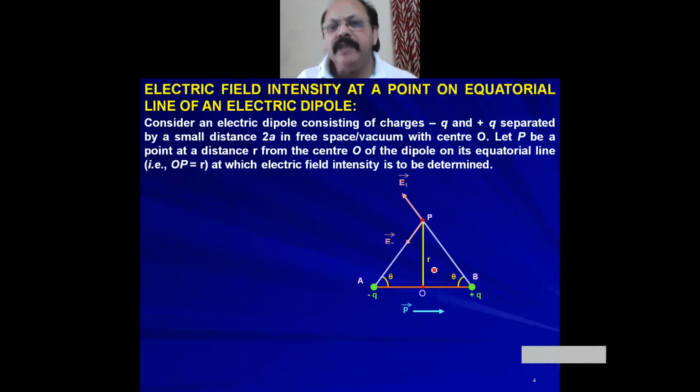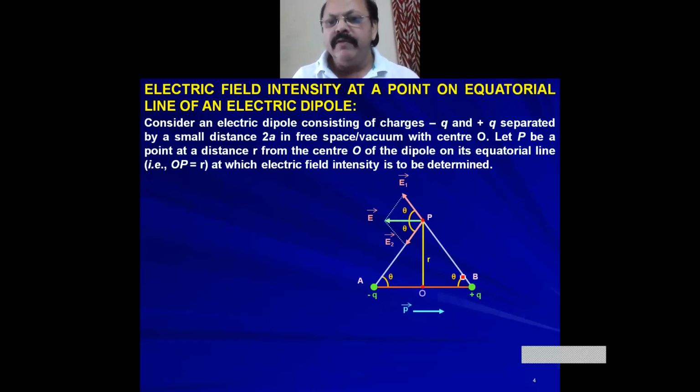So similarly, as you have done in the previous case, we will find the electric field intensity at point P due to the plus q charge, then due to the minus q charge. For that purpose, we place here a unit positive test charge.